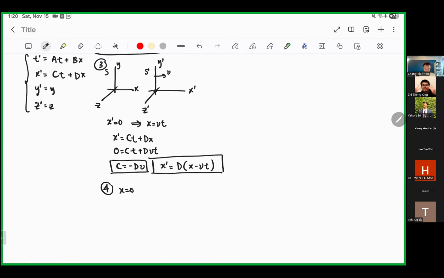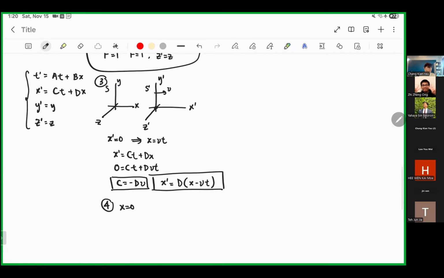What x equals 0 means is that this thing stays stationary, but if we look at it from the S prime frame, then we get x prime equals negative vt, because x is 0 here. So x prime is basically negative vt.